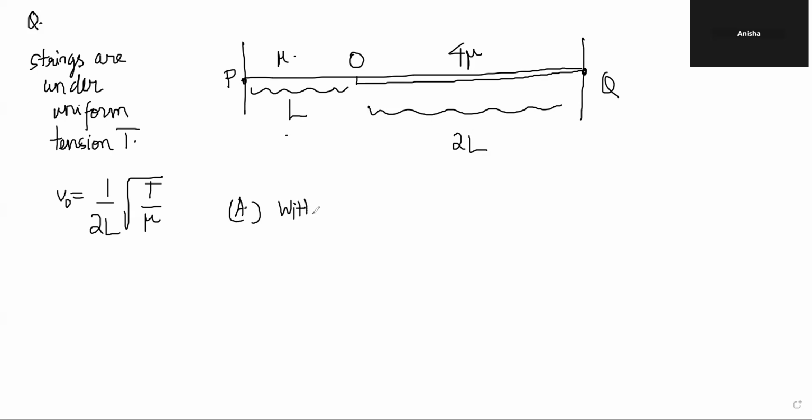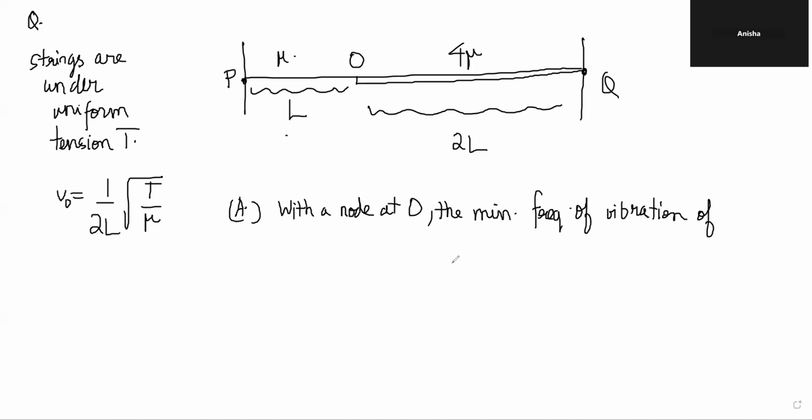A: with a node at O, the minimum frequency of vibration of the composite string is V naught.